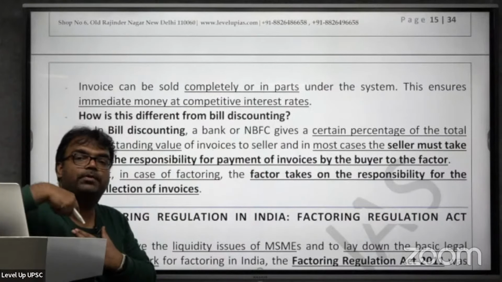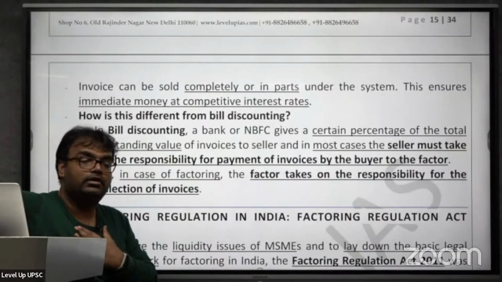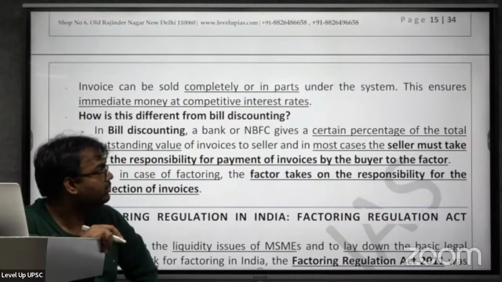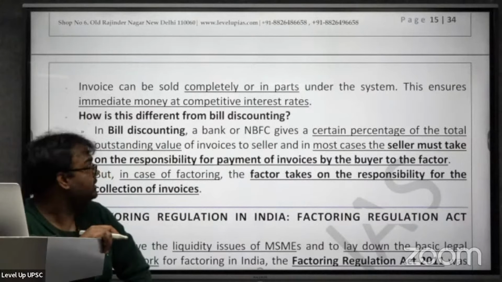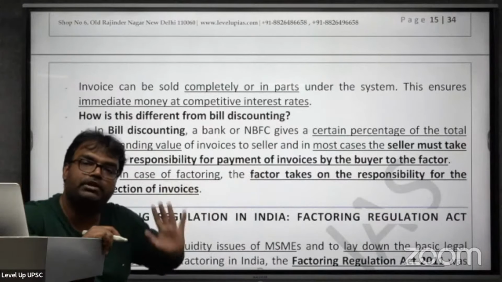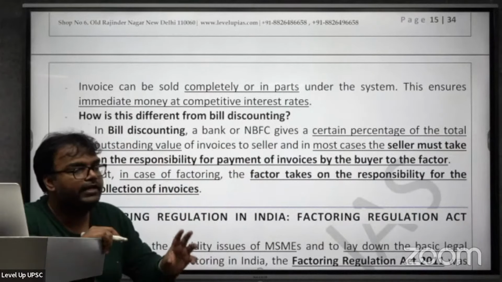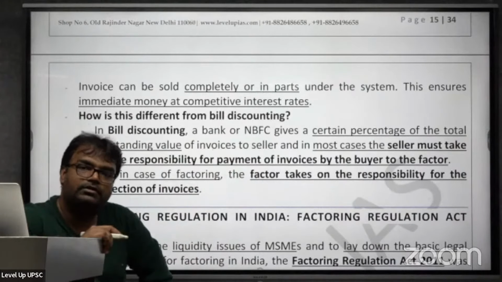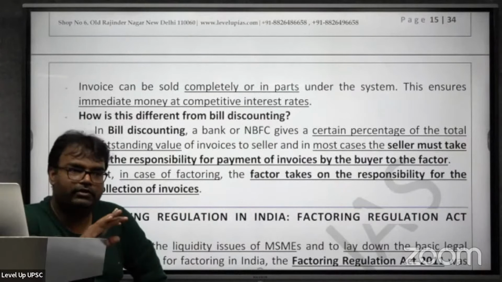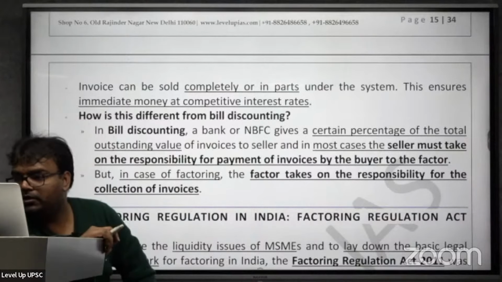I have to take the responsibility to ensure that Reliance is paying money to the factor. Whereas in case of factoring, it is the factor's responsibility to take money from Reliance. In this way, it is slightly different from the bill discounting system. Fine. Is this point understood?